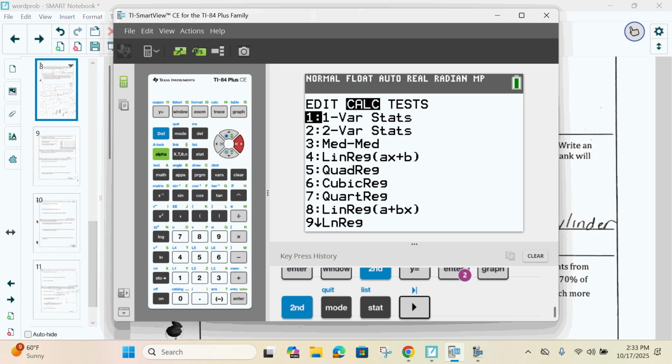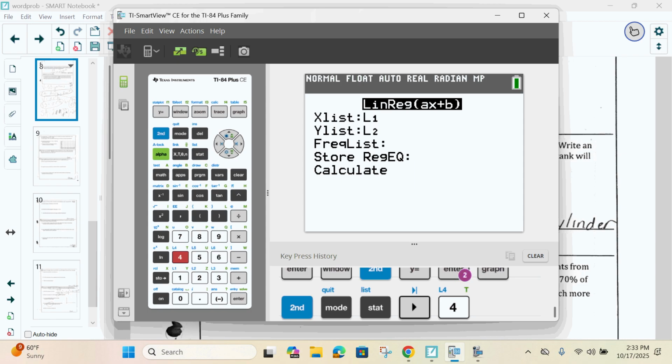And Savannah, yours is different, right? You're still going to do that. But then you're going to go L1, comma, L2, comma, Y1. So X's are in L1, Y's are in L2, to store your regression equation. That's why I have alpha trace there.